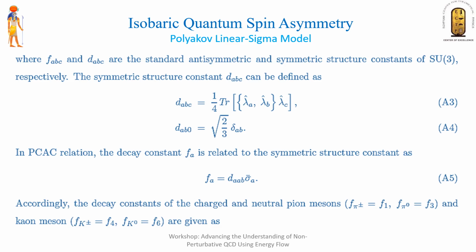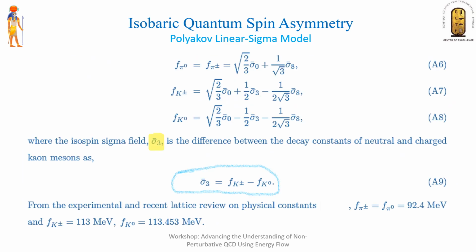And they are given as follows: f pi 0 equals f pi plus minus equals the square root of 2/3 multiplied by sigma 0 plus 1 over the square root of 3 multiplied by sigma 8, and the same can be seen for fK plus minus and for fK0 as well.